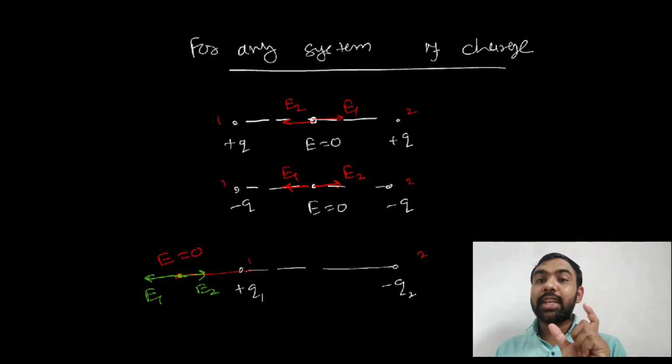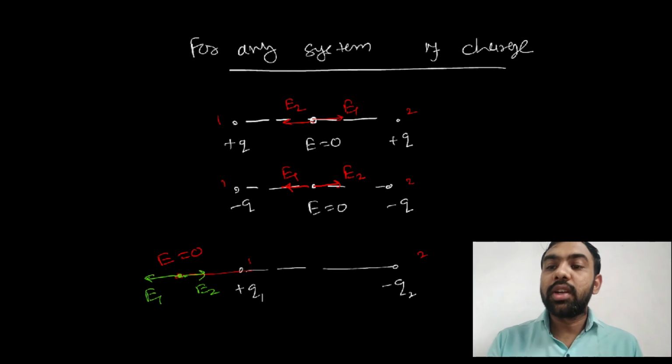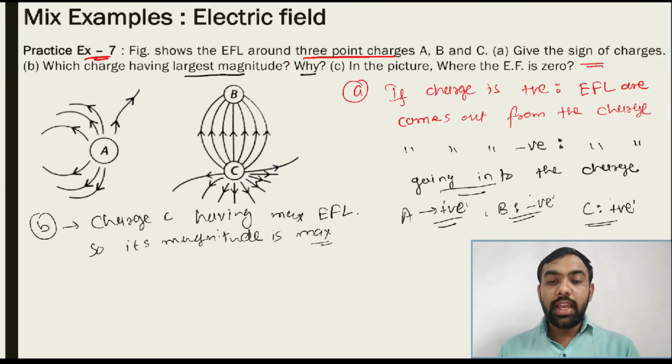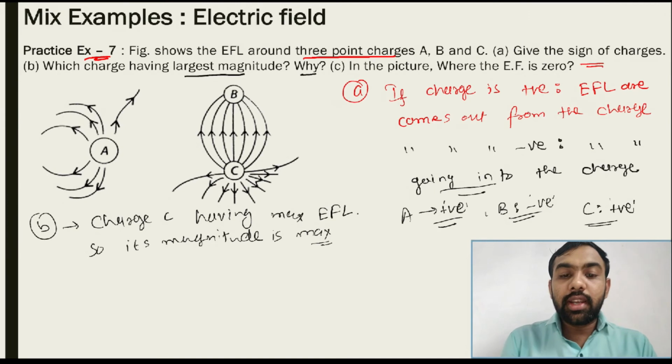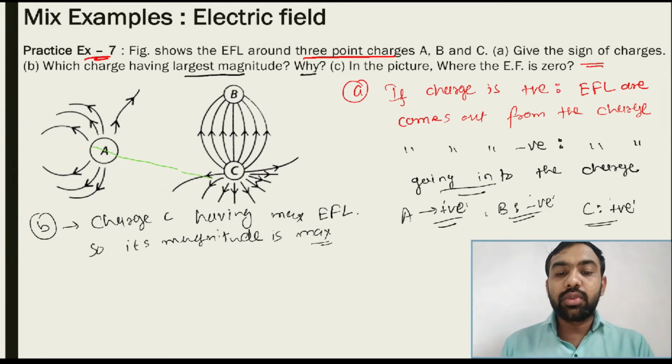If two charges have the same sign, then the electric field is 0 between the two charges. Here A and C both are positive, so the electric field is 0 somewhere between these two charges.